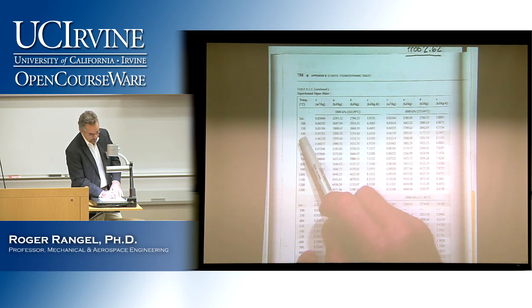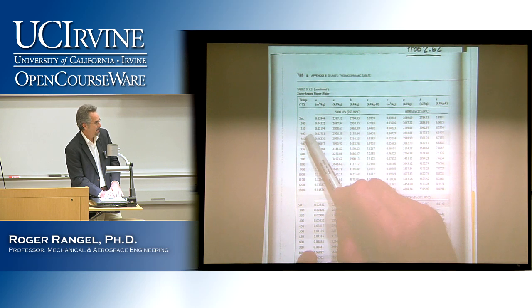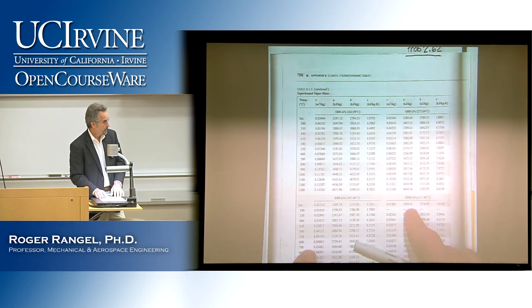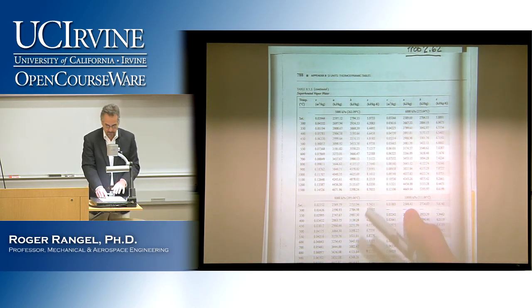So I have 400 Celsius, 5,000 kilopascals. That means I am here, because I can find that data point. So I can just read that number, 0.05781 cubic meters per kilogram, and I know that's my initial specific volume.